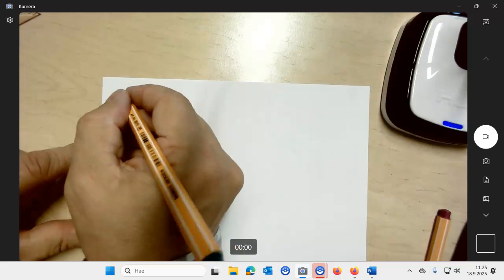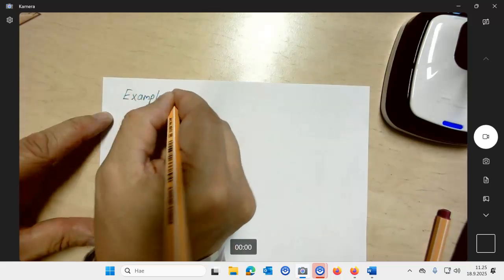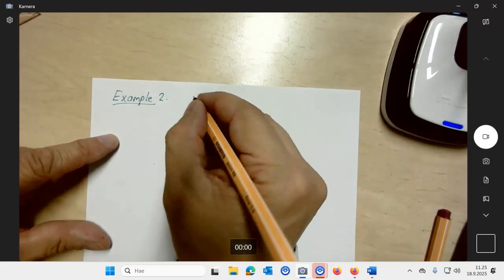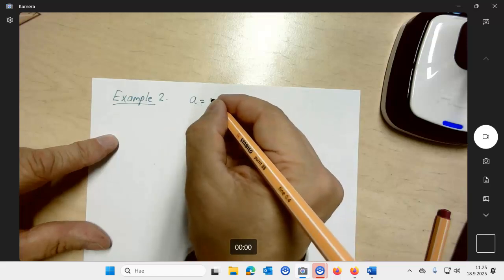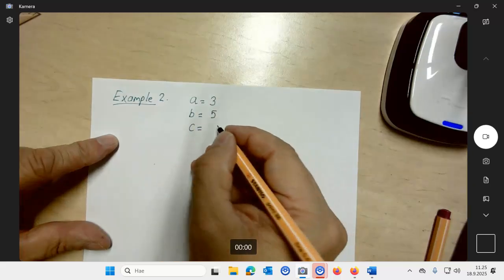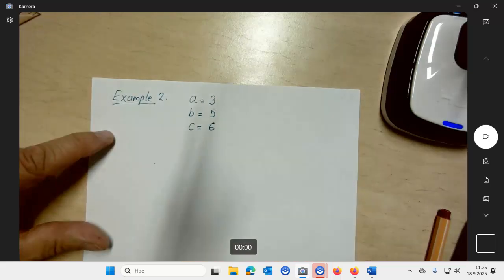Let's take example 2. And I will take a triangle where A equals 3, B equals 5, and C equals not 4 but 6.